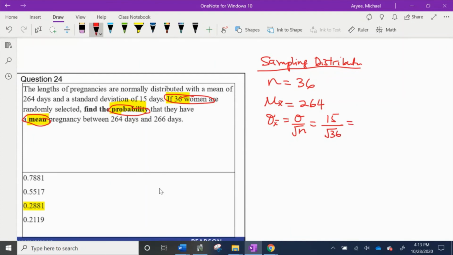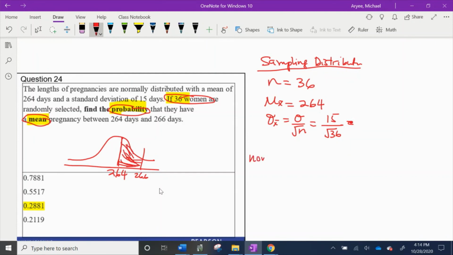Now you can calculate this or you can wait. All right, so draw your normal curve. 264 is here. Now they want 264, this number again, and 266. So they're asking us to find these values.